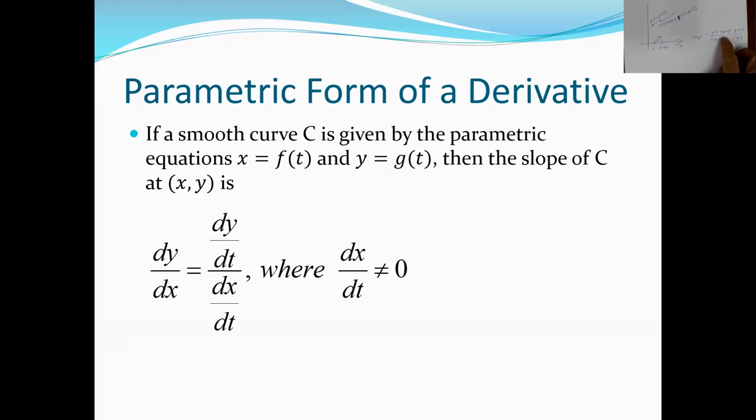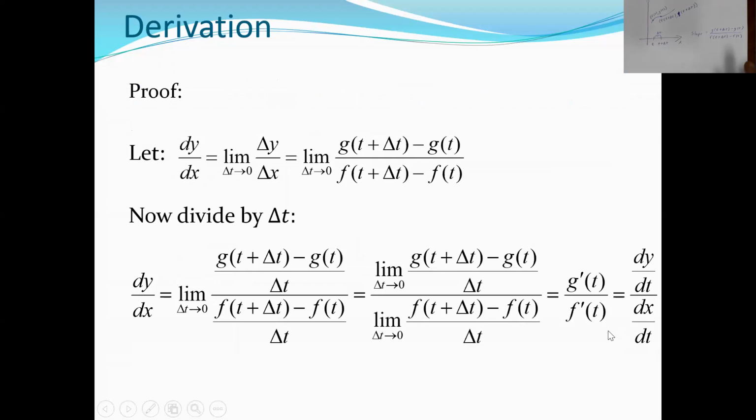So that's sort of how I get to start out. If we look at the next slide, that's g of t plus delta t minus g of t over f of t plus delta t minus f of t, kind of like a difference quotient for parametric curves in a sense.